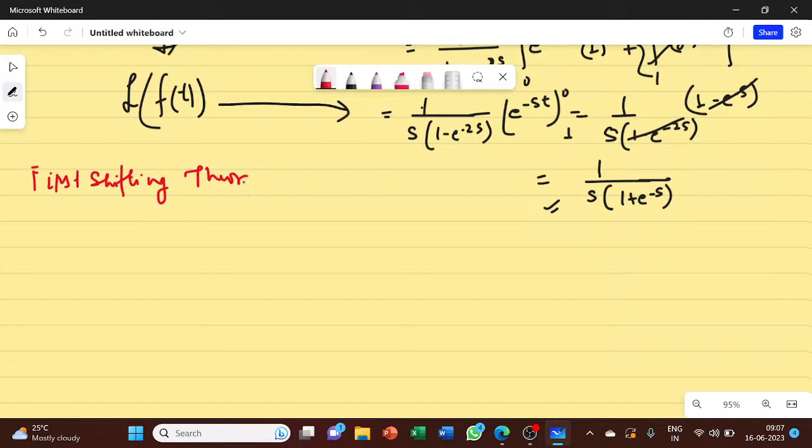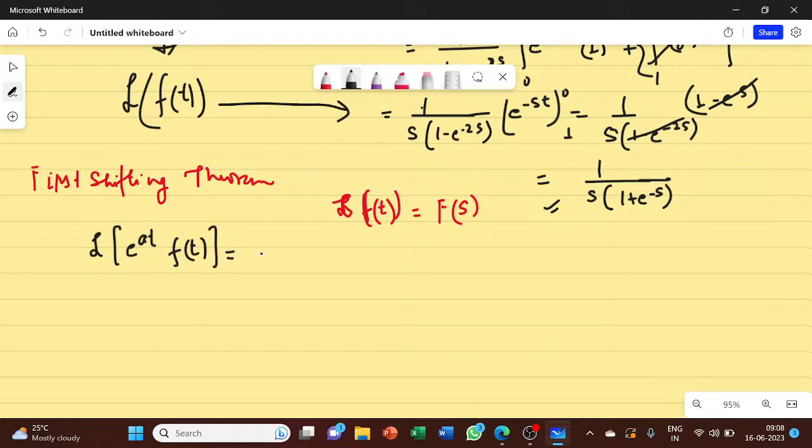It says that once you know that the Laplace transform of f(t) is simply F(s), and then if I want to find the Laplace transform of e to the power at into f(t), then it will simply be F of s minus a. This is how you write the Laplace transform.